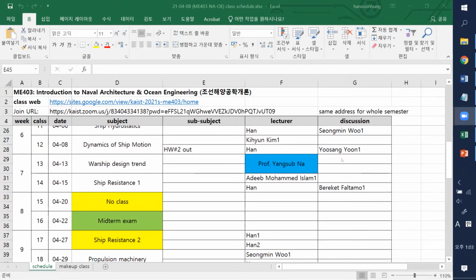And today, probably I will start with the second part of ship dynamics, ship motion. And then we may go on to discussion led by Barakat, and then lecture by Adiba. That will probably be the schedule for today. All right? Any question?